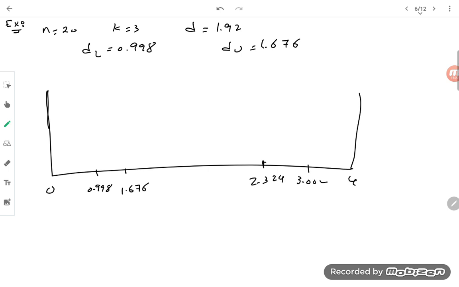So the value of Durbin-Watson is 1.92, which is located here. So this means that there is no problem of autocorrelation, or we are going to accept H node.